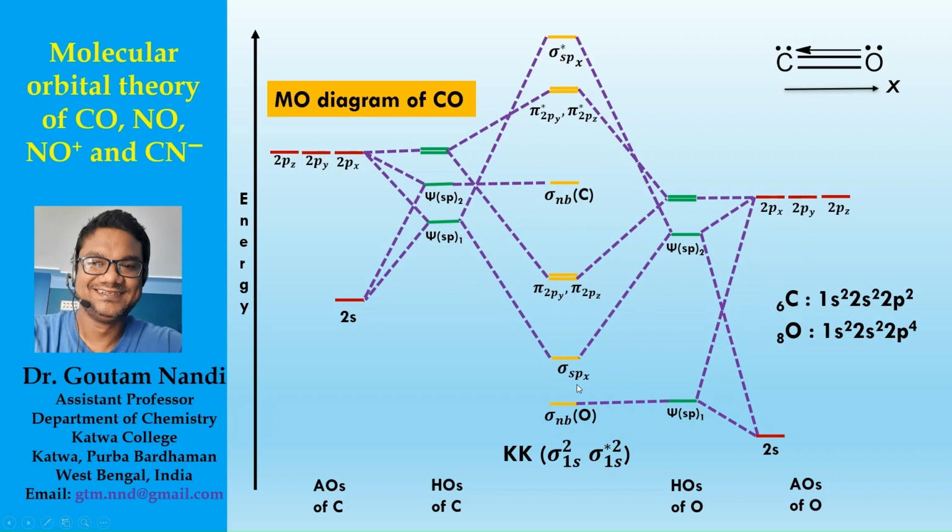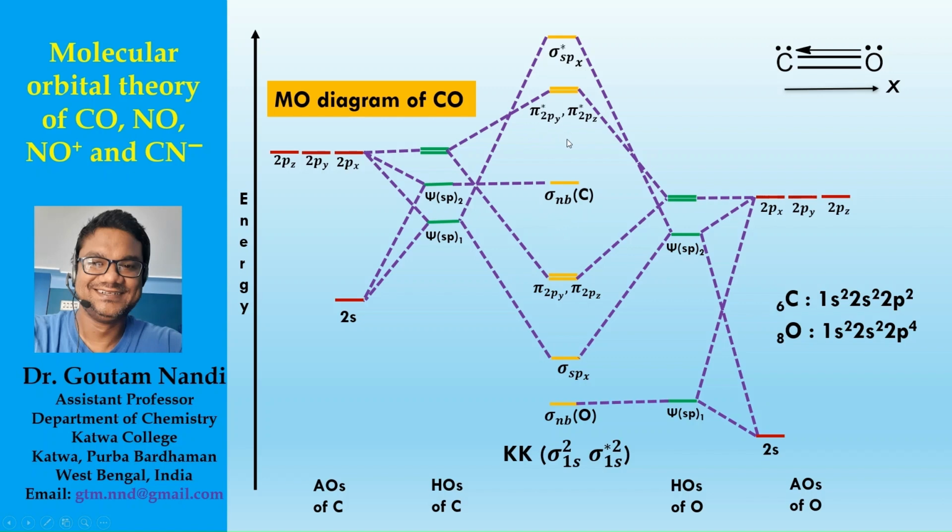As I said earlier, we are considering x-axis as the molecular axis. Then the 2py and 2pz orbitals of carbon and oxygen will produce pi orbitals, pi 2py and pi 2pz. Then comes the sigma non-bonding carbon, because psi sp2 orbital of carbon is not interacting with any other orbital, so it will remain non-bonding.